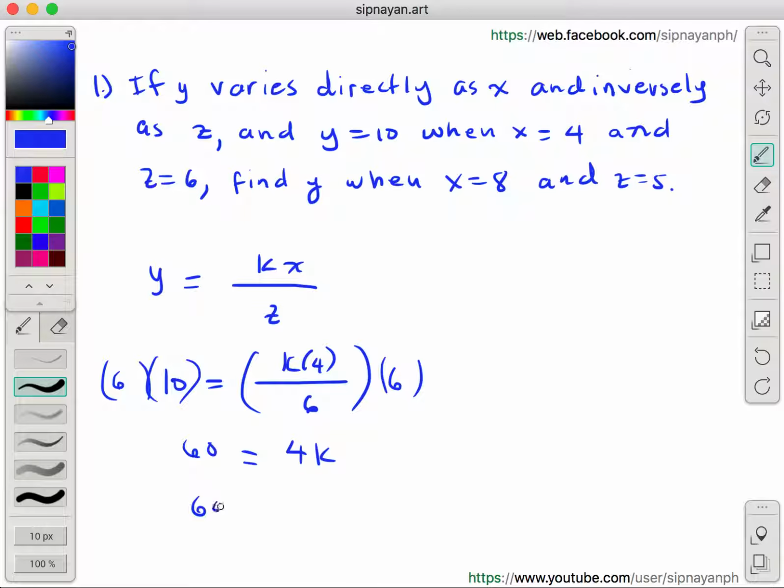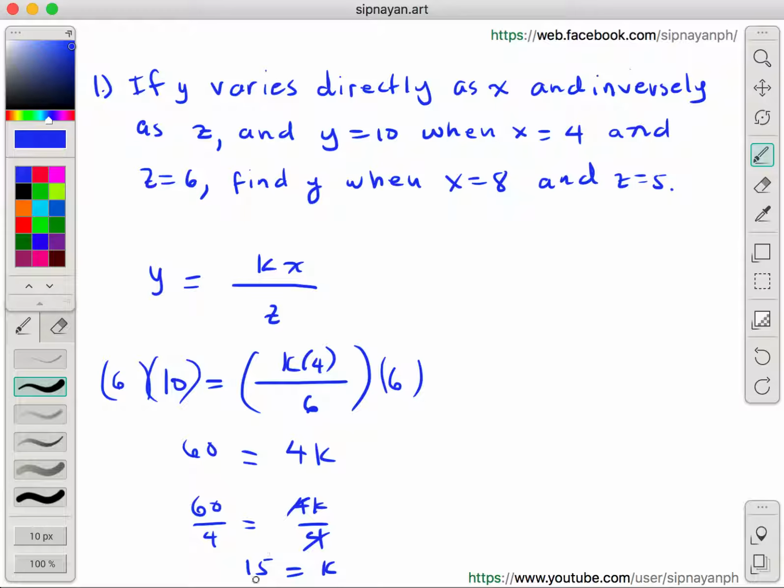So 60 divided by 4 equals 4k divided by 4, which means that k equals 15, because 60 divided by 4 is 15. So, ang k natin ay 15.